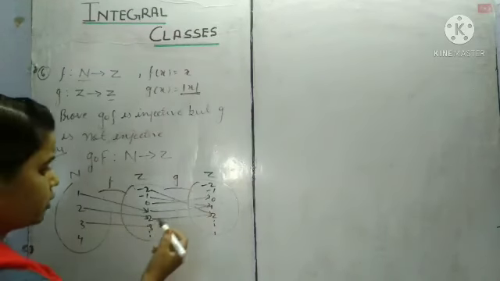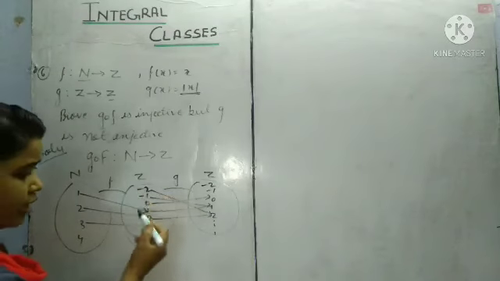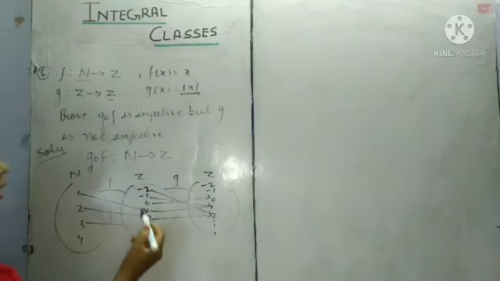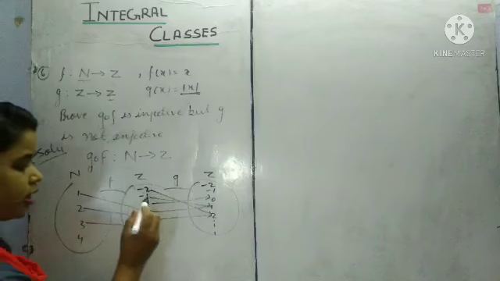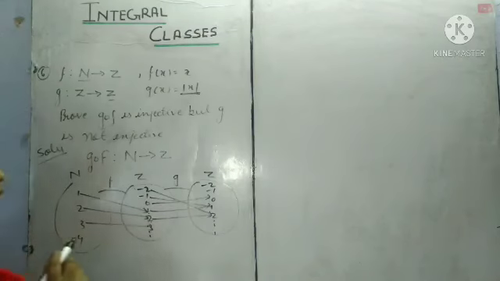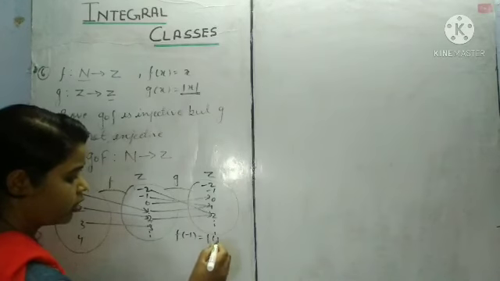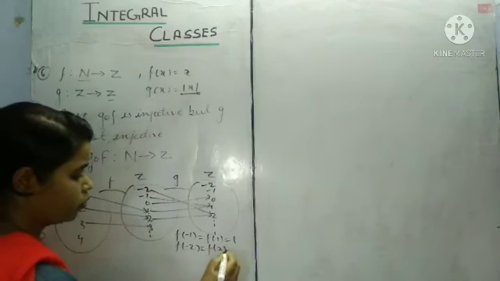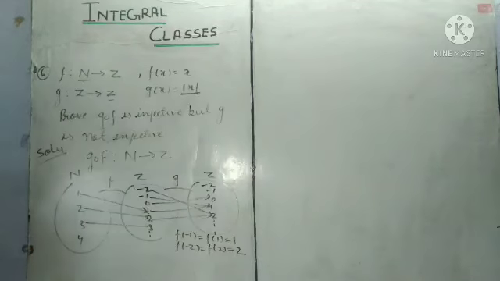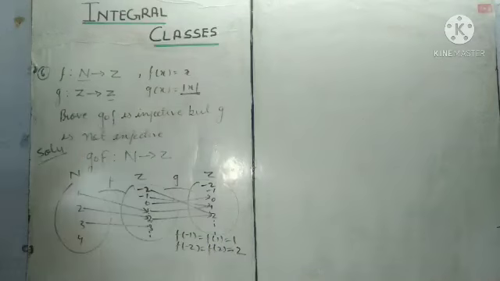Elements of Z do not each have a single image, because -2 and 2 have the same image, and -1 and 1 also. It means g(-1) = g(1) = 1. Similarly g(-2) = g(2) = 2. So they will not give a single image, so these are not 1-1.